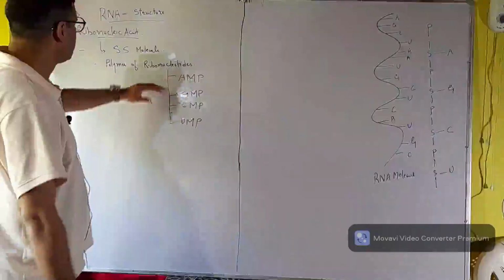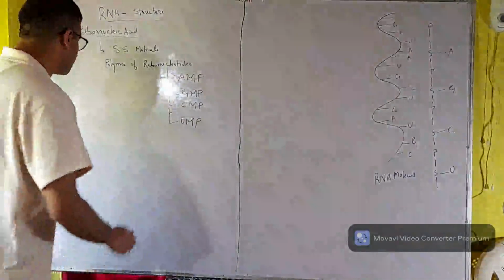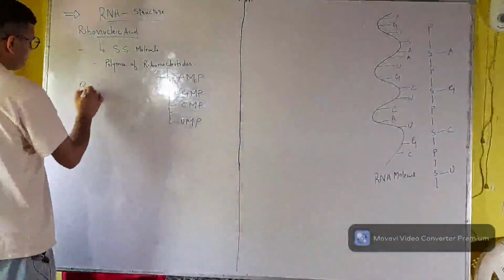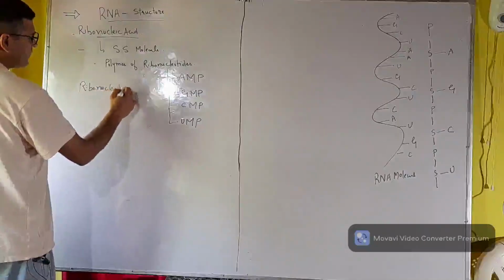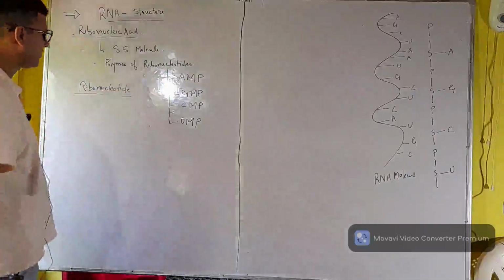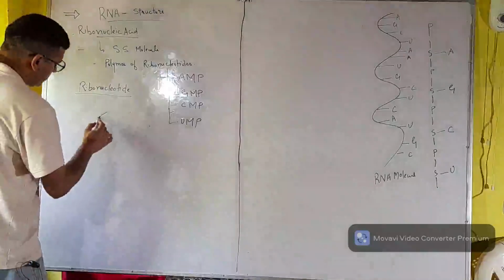Now we'll see the basic structure of RNA, that is of ribonucleotides. If we take a ribonucleotide, there are three basic components of the nucleotide. We'll draw it like this.